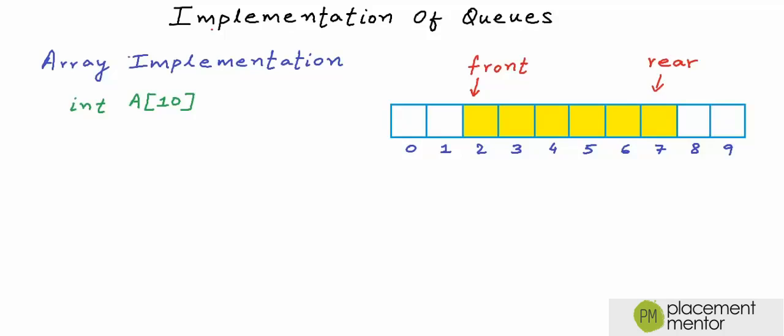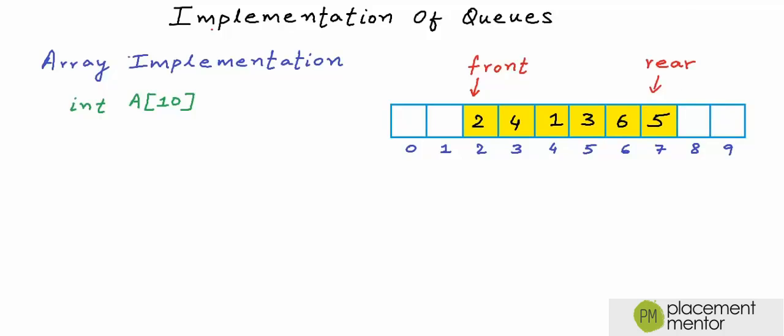The element to be inserted can come to this position. I'll fill in some values at these positions. So we have these integers in the queue, and let's say we want to insert number 5. To insert, we will increment rear. Of course, there should be an available empty cell on the right, and now we can write value 5 here. After insertion, the new rear index is 7, and the value at index 7 is 5.